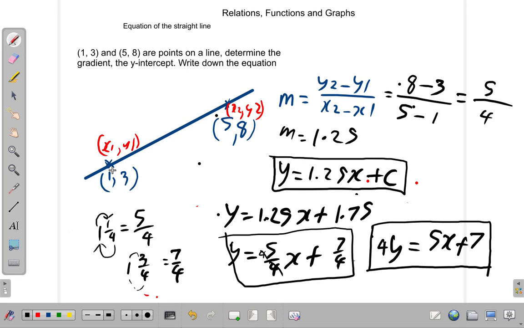So as a quick review, you're asked to find the equation of this line, well, the gradient and the y-intercept, as well as the equation, from the fact that you have 2 points. You don't necessarily have to do it, but it's nice to be able to see what you're doing.